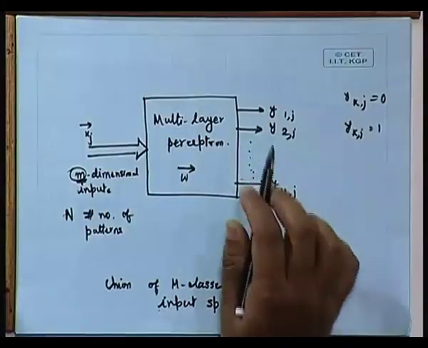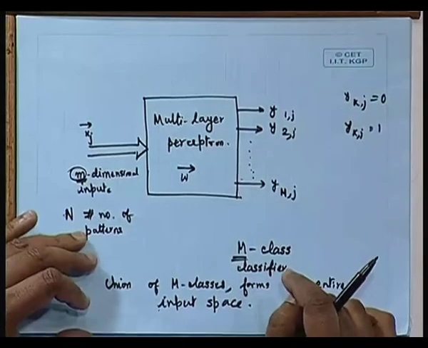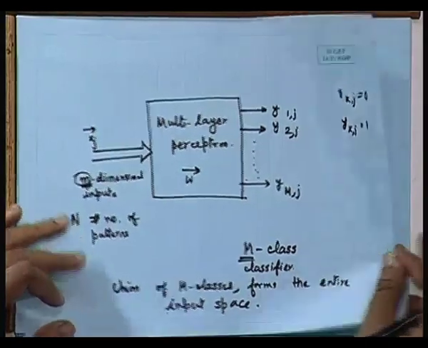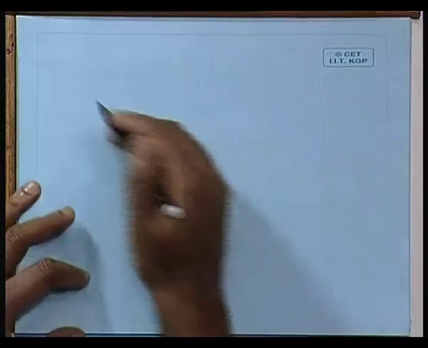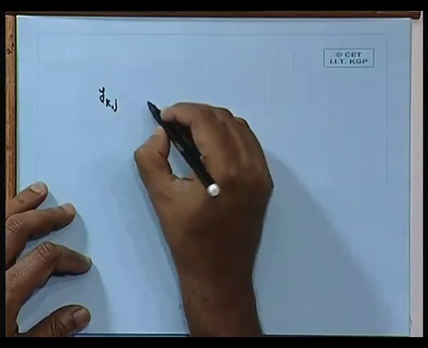So, now we are feeding x of j as the input and we are getting such m outputs as the classifier output. Now let us take the kth output of such a classifier.